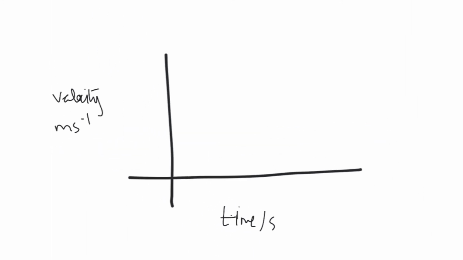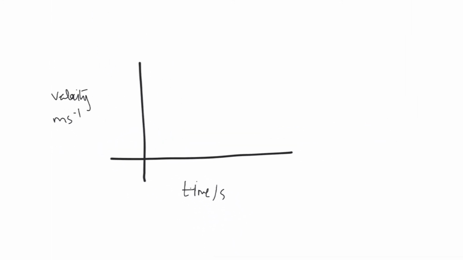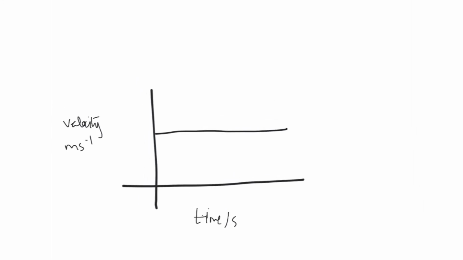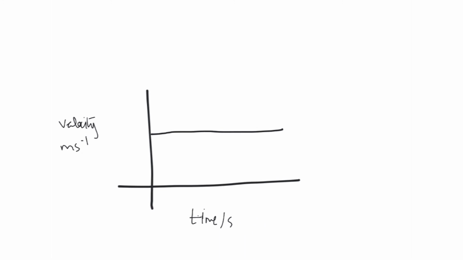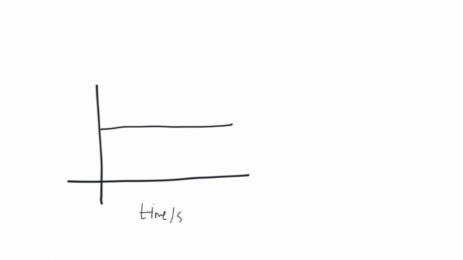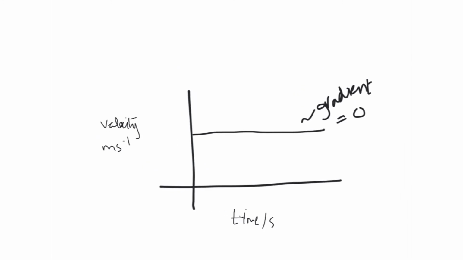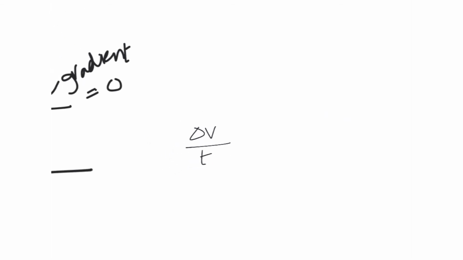Now let's start off with a straight horizontal line. This is a straight horizontal line and there is no change in the y, so the gradient would be 0. Now the gradient of a velocity time graph is the change in velocity over time, and if you remember, acceleration is the change in velocity over time.